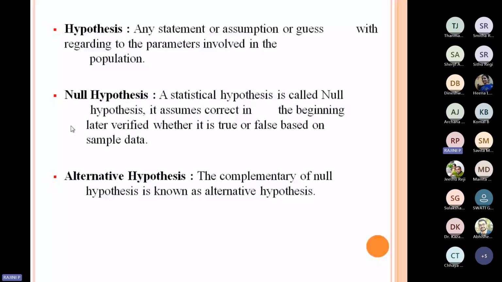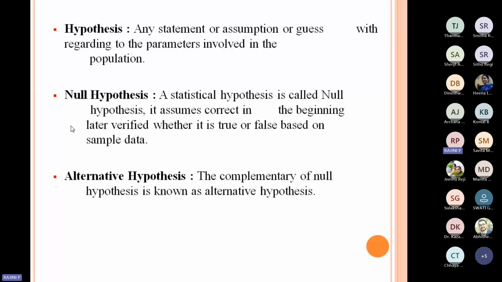For example, a pharmaceutical company has two drugs, drug A and drug B, to reduce a particular disease. I want to check whether drug B is more efficient than drug A. In the beginning, before any analysis, I assume that drug A and drug B are equally effective. That is called the null hypothesis.